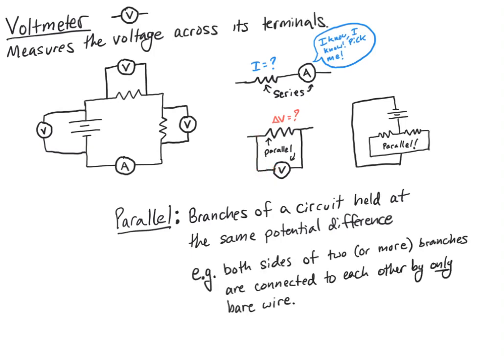Which means the left side of the battery, the left side of the resistor and the left side of the voltmeter are the same, and the right sides of the three are the same, and so the differences have to be the same. That's what it means for two branches to be in parallel: the two branches of the circuit are fixed to be at equal values of potential difference.